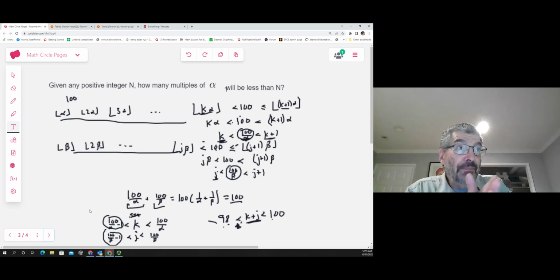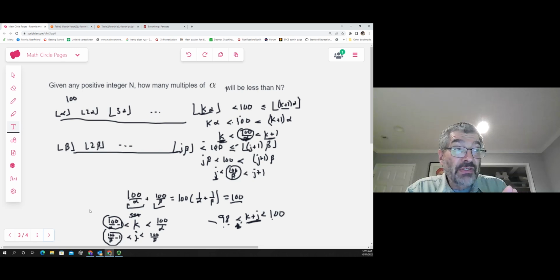Is that clear? Because k plus 1 is already bigger than 100 over alpha. So just, if k plus 1 is bigger than 100 over alpha, subtract 1 from both sides. K is bigger than 100 over alpha, that quantity minus 1. And similarly, j is bigger than 100 over beta minus 1, but it's less than 100 over beta.